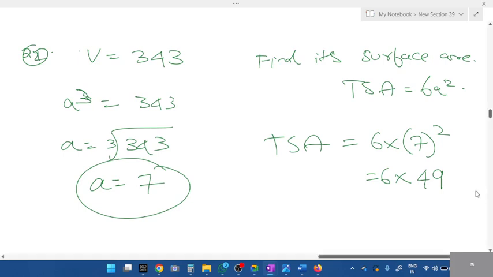Multiply the answer, 6 into 49. What's the answer, students?